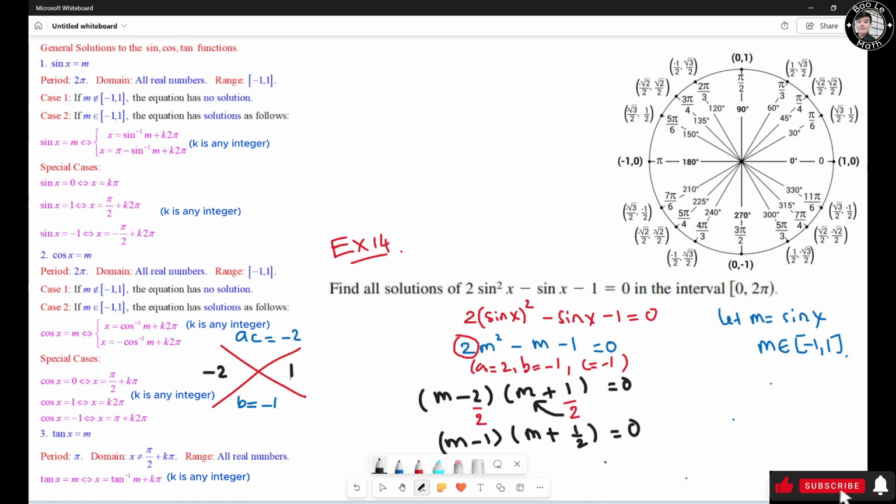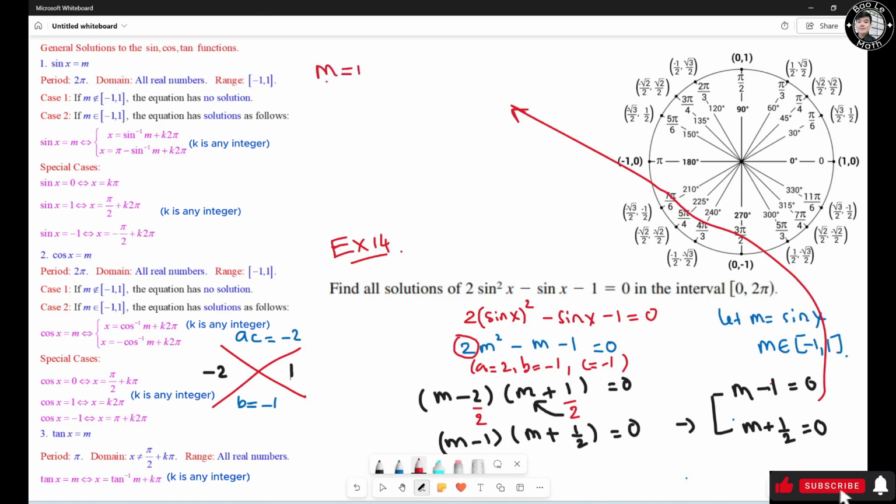Now I need to solve for m. So I have either m minus 1 equals 0, or m plus 1 half equals 0. Now I need to solve these. So I have m equals 1, or m equals negative 1 half.